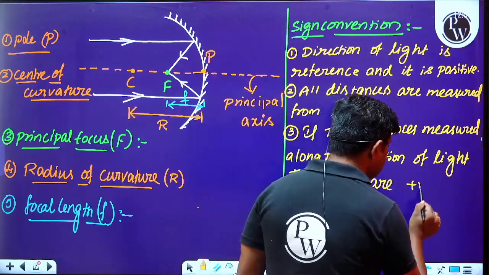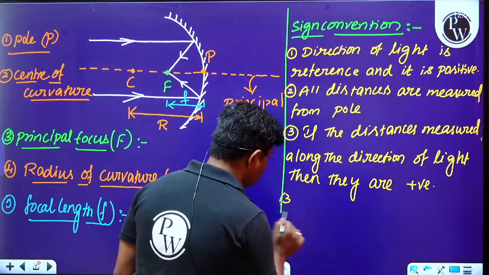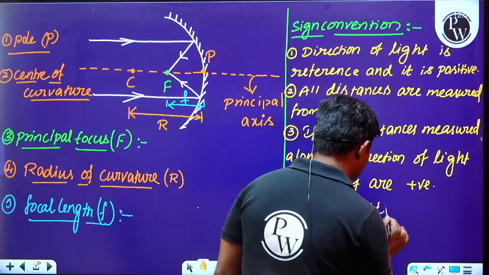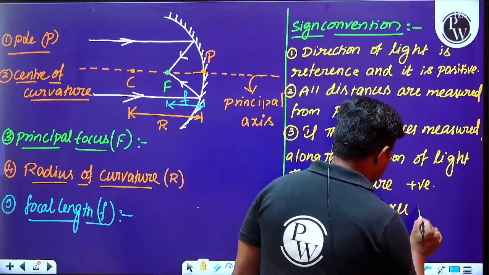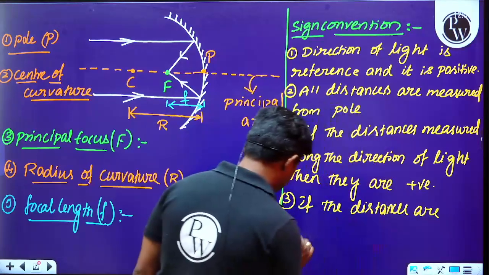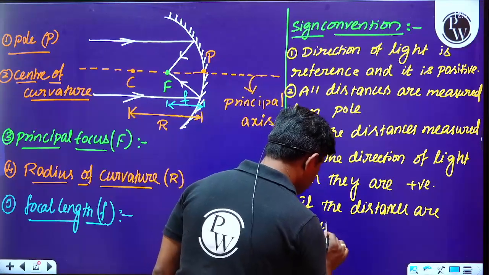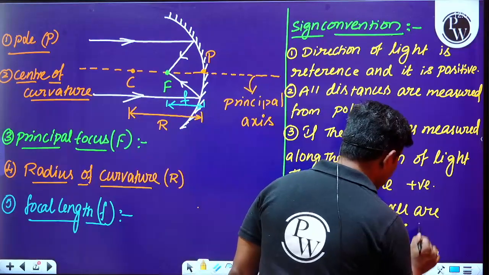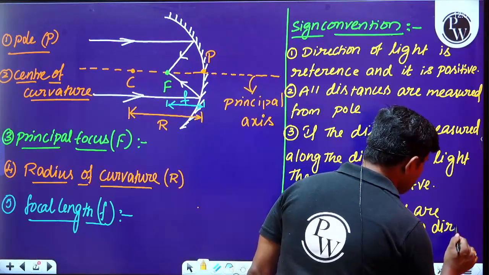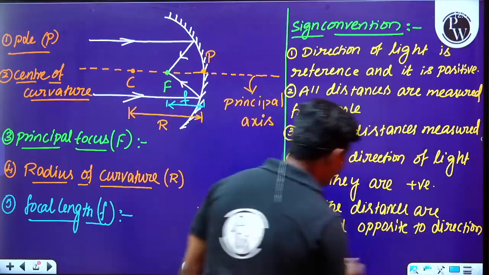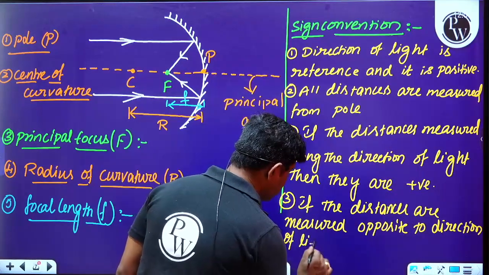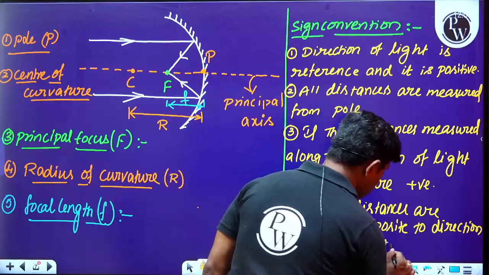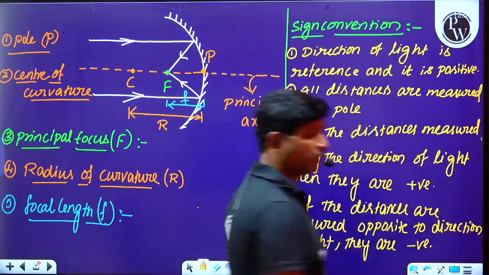And if the distances are measured opposite to the direction of light, then they are taken as negative.